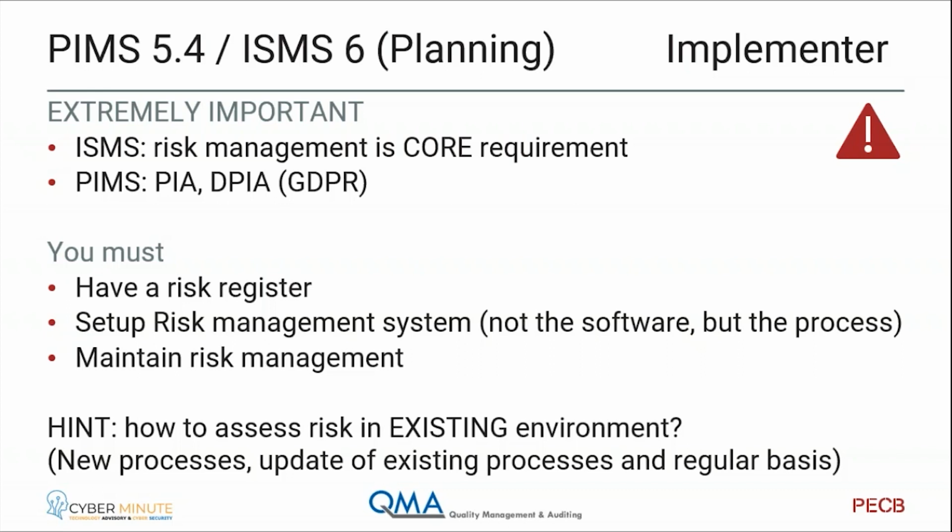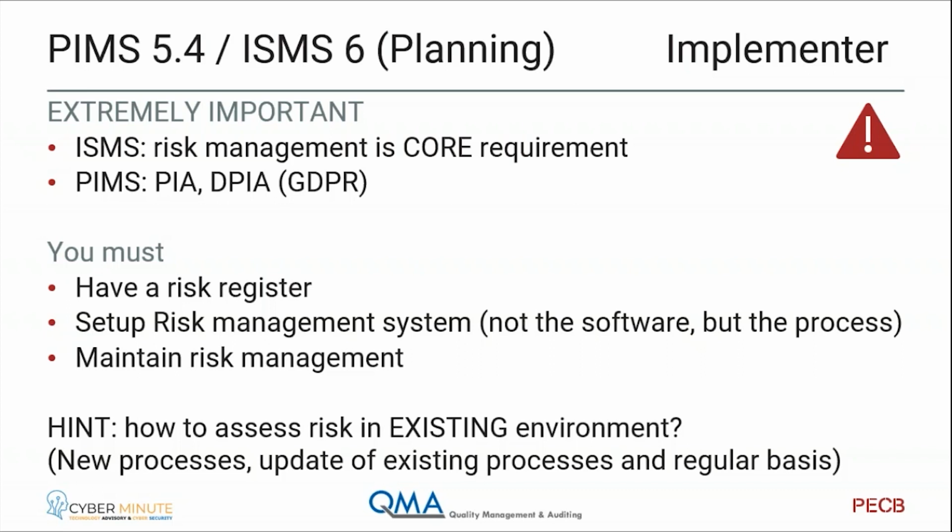Key points here in risk management: make sure you have a risk register. If it's in an Excel sheet or you have a management system, some software, it doesn't matter, but at least be able to show your auditor that you know what the risks are. The main reason for risk management is that you can translate risks into funding, value, and budget.